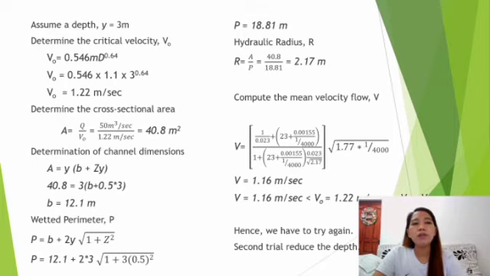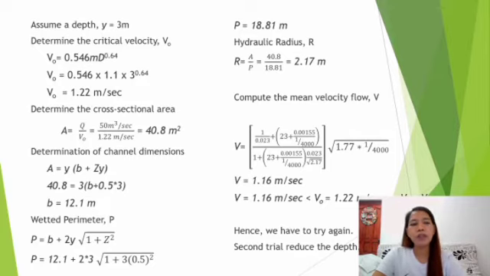So given the formula to get the critical velocity, we'll just need to substitute the D or the Y that we have assumed, which is 3 meters. So we have a critical velocity of 1.22 meters per second. Again, the second step is to get the cross-sectional area.